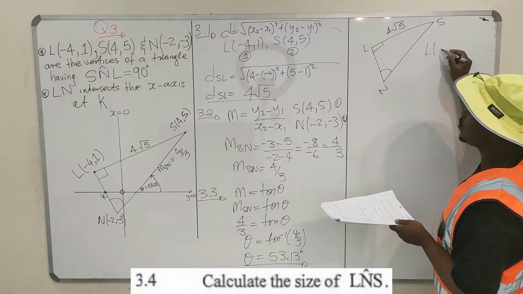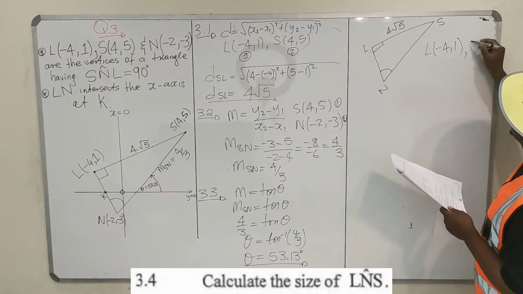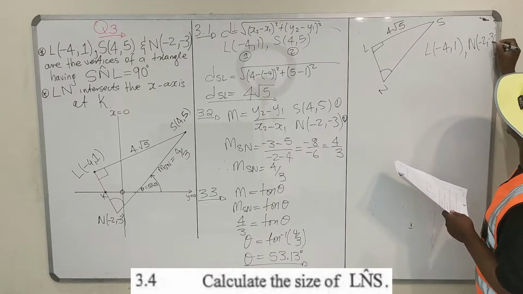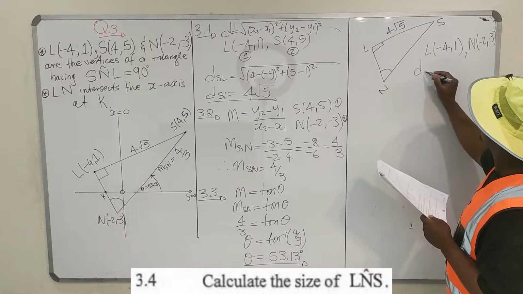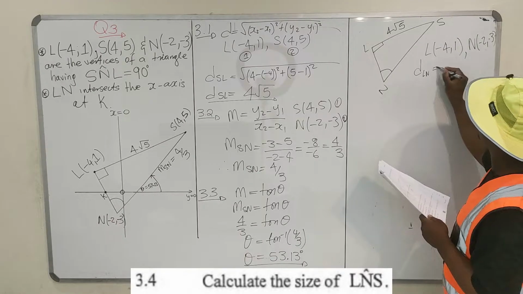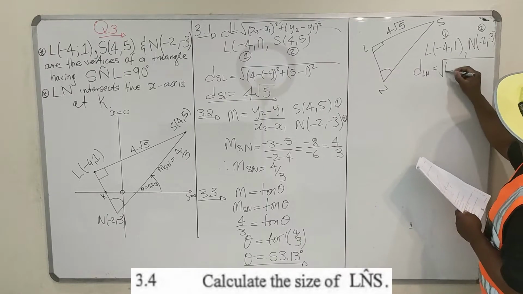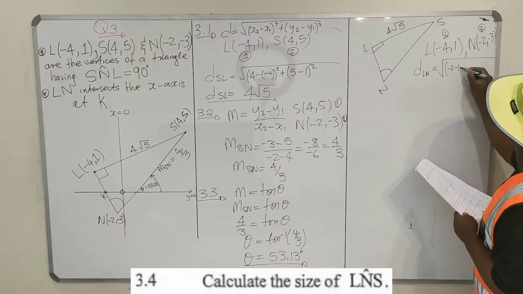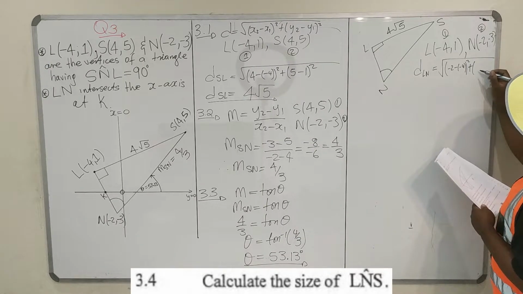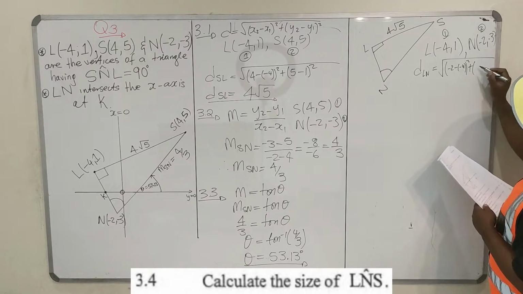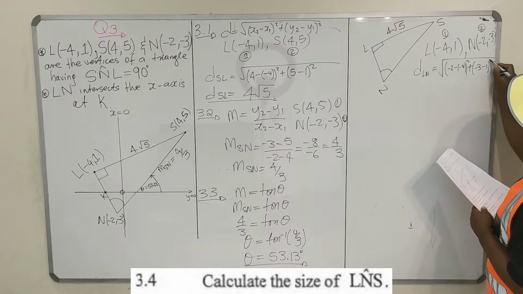L has coordinates -4 and 1, right? And N has coordinates -2 and -3, right? No problem. So the distance of LN would be equal to, you can say this is coordinate number 1, this is coordinate number 2, square root of (-2 minus -4) all squared plus (-3 minus 1) all squared.